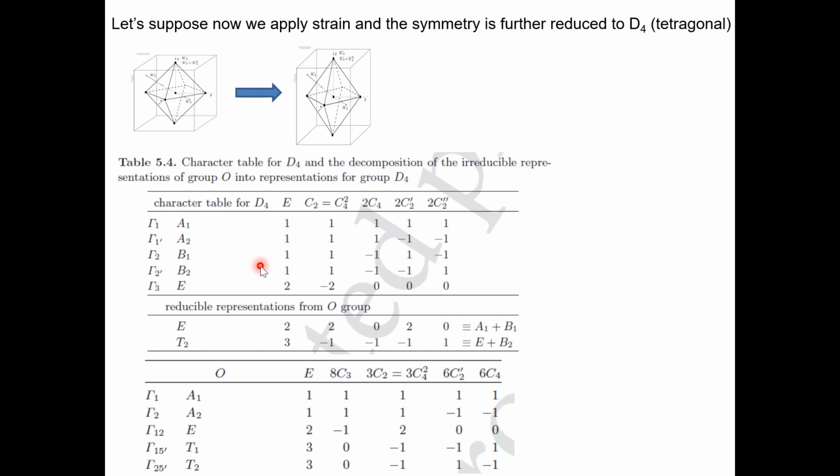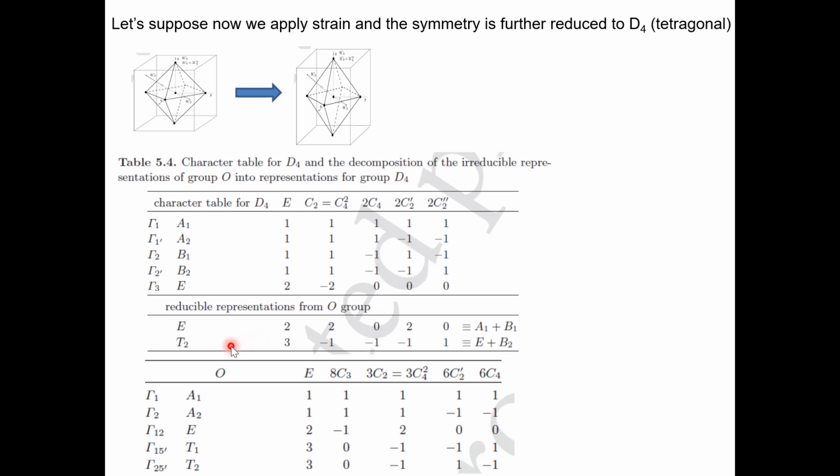There are two ways I can do that. So let's start from the representations that I had before from the O group, which I have found in the previous slide. I had found the E two-fold degenerate level and a T2 three-fold degenerate level.